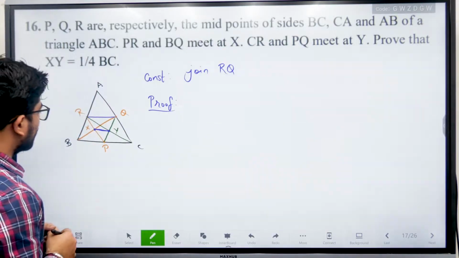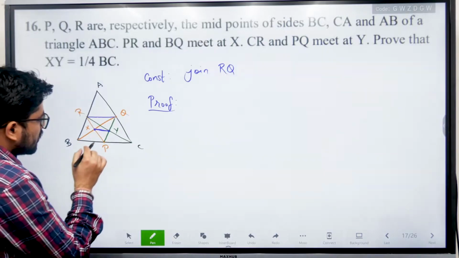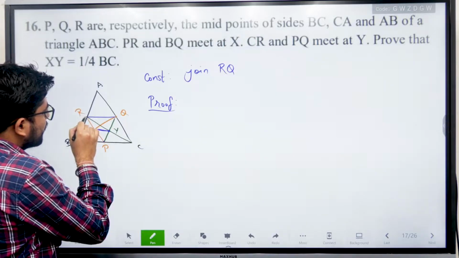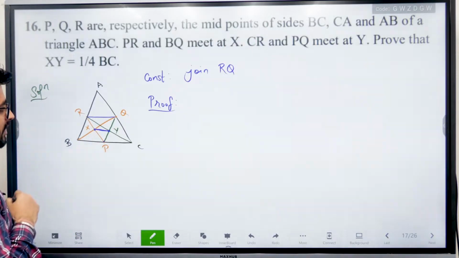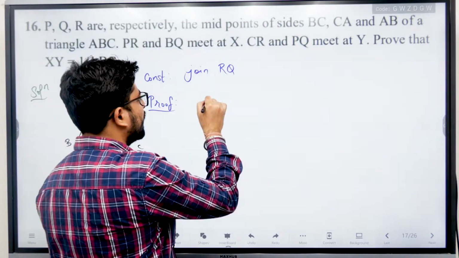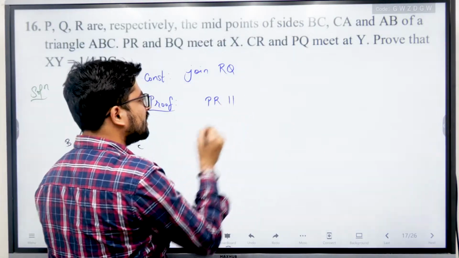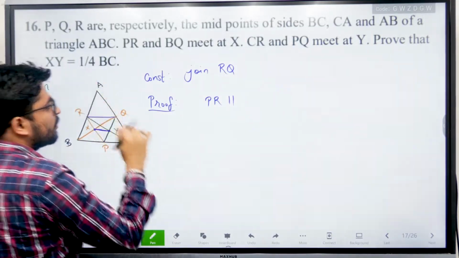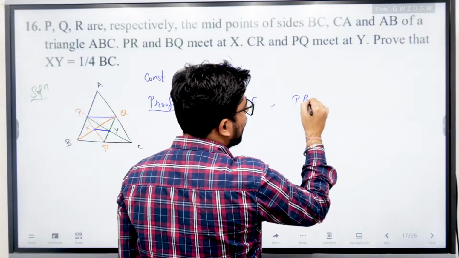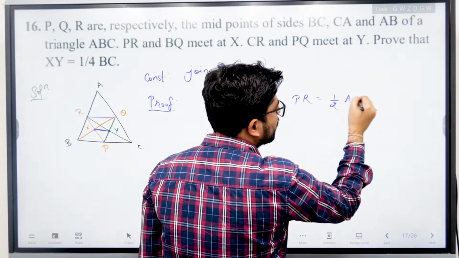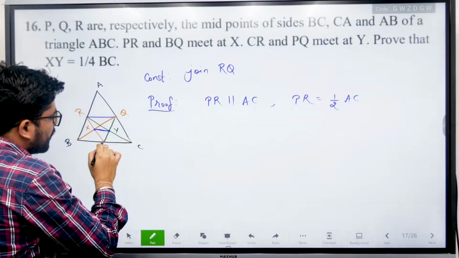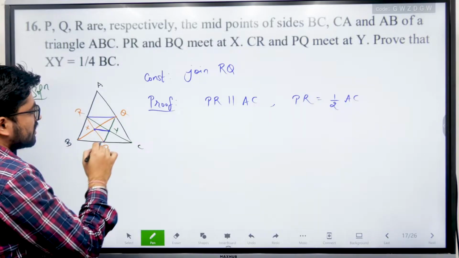So from here, R is the midpoint of AB, P is the midpoint of BC. So we can say PR is parallel to AC, and PR is equal to half of AC because of the midpoint theorem.